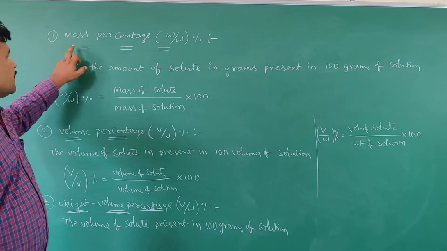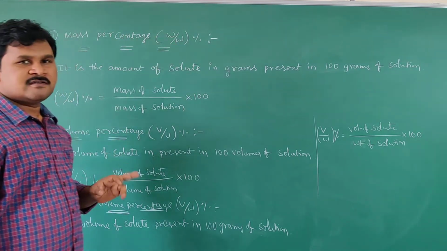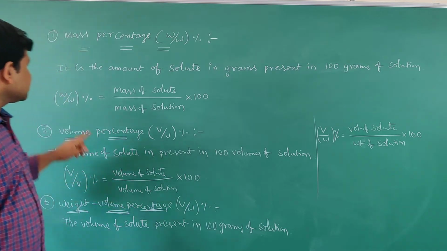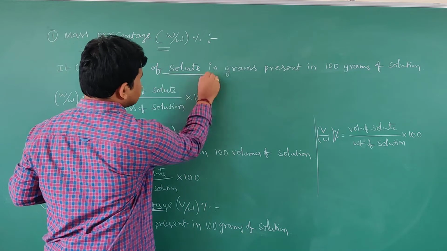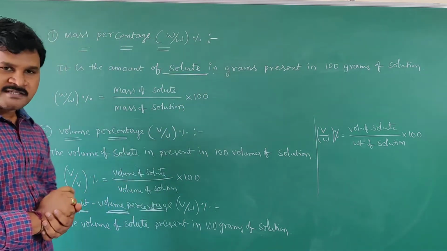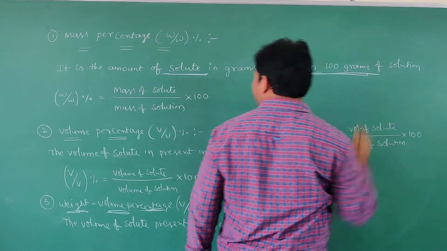What is mass percentage, W by W? It is the amount of solute in grams present in 100 grams of solution.